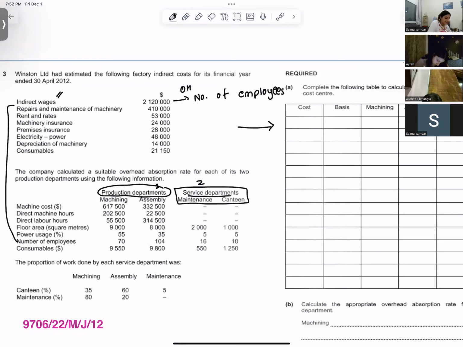Repairs and maintenance of machinery: machine costs. Rent and rates: floor area.